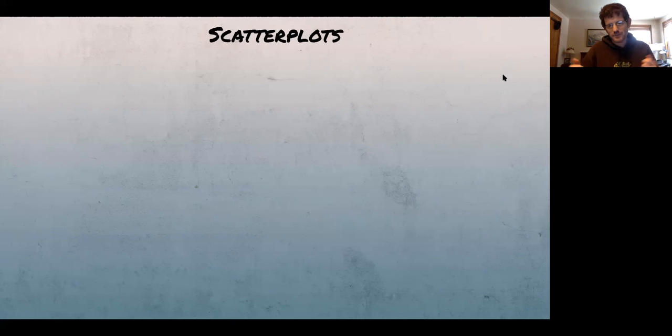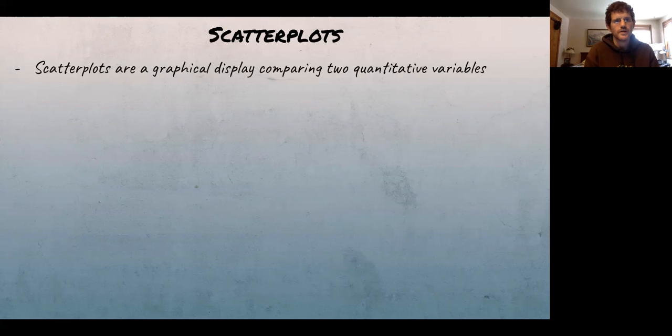So let's talk about chapter 7, and here we go, scatter plots. This is not completely new stuff for you, though some of it you will have had to relearn. So one of the key ideas is that with scatter plots, we're comparing two quantitative variables, just like our two-way tables were for two categorical variables.